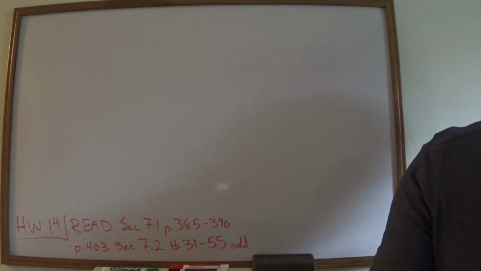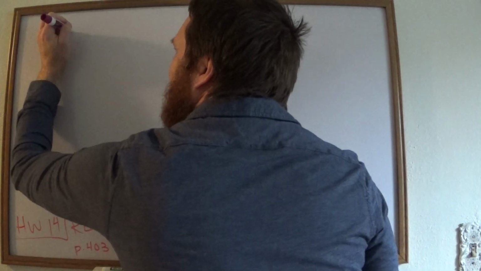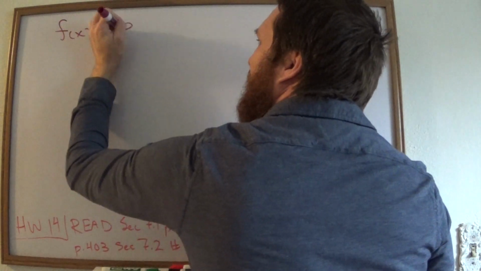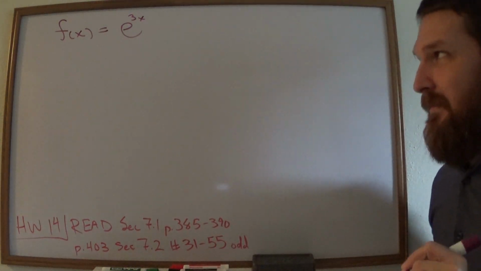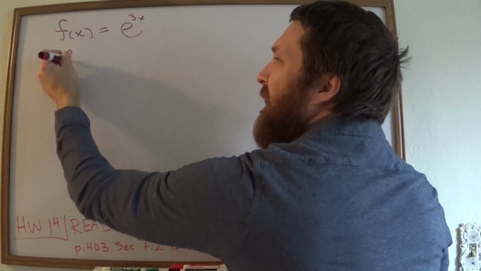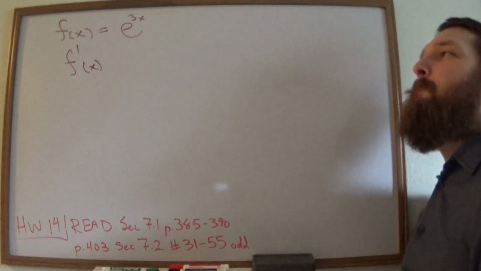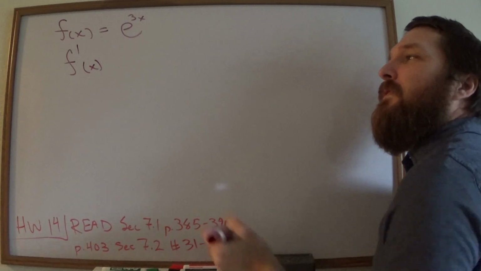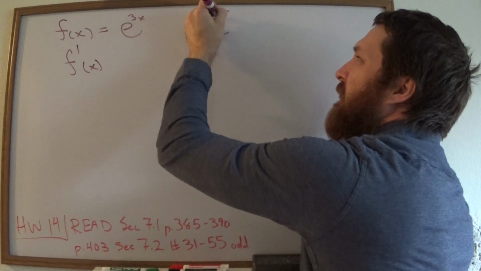Now, this is a little bit different. This isn't exactly the same. Let's take the derivative of this function, e to the 3x. So remember, this is e to something.